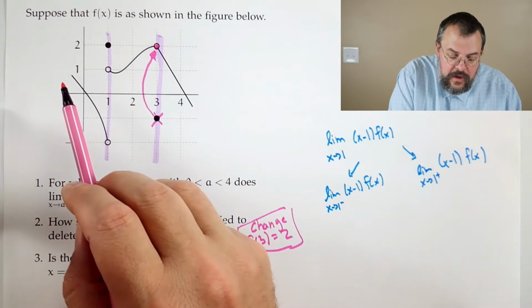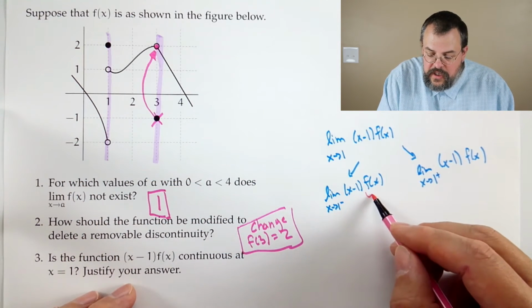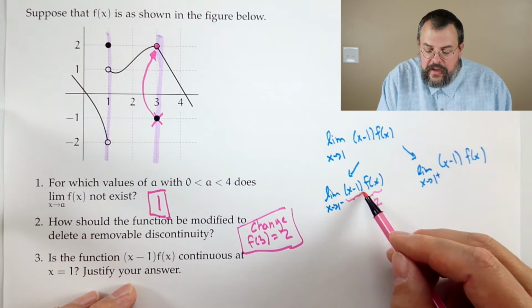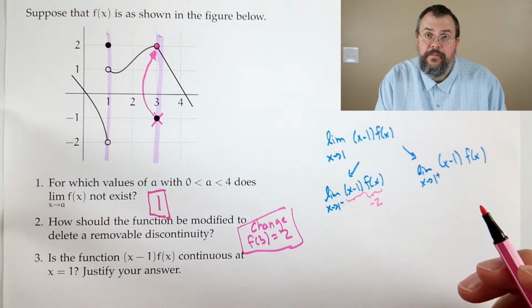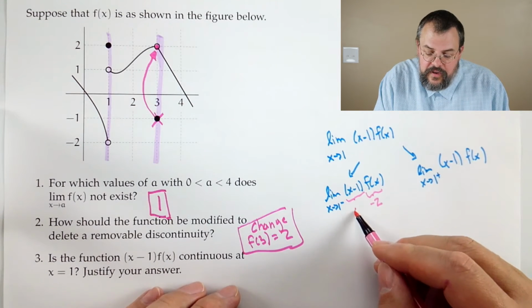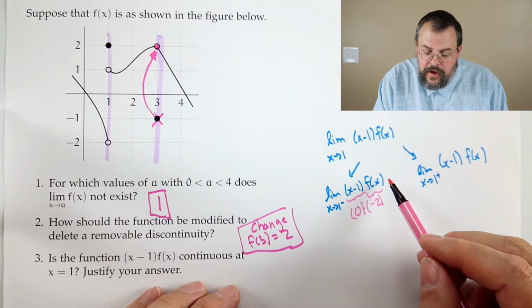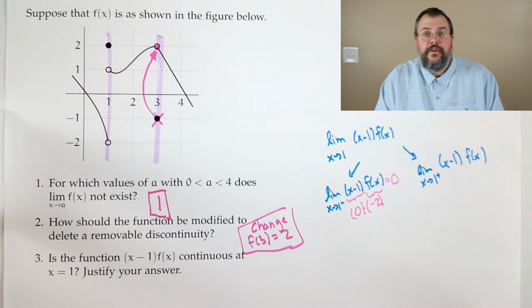From below, we see that the function approaches negative 2. On the other hand, x minus 1 approaches 1 minus 1, which is 0. So the net result, when we multiply them together, is 0.